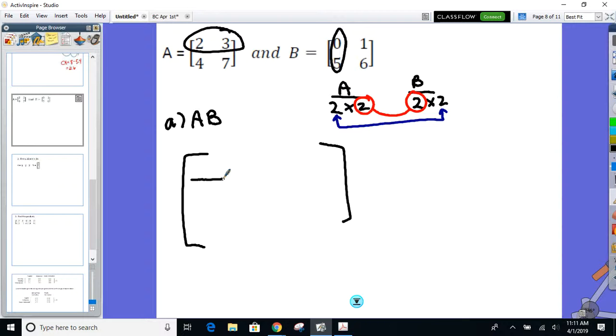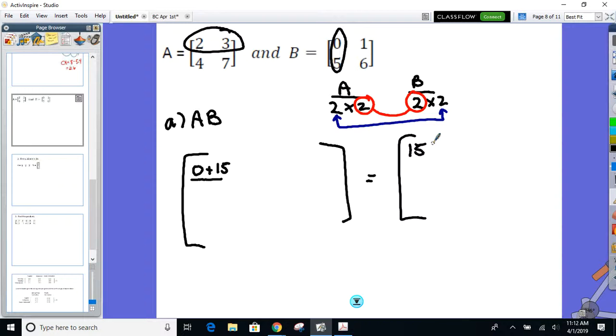You multiply the corresponding numbers. So 2 times 0 is 0. And 3 times 5 is 15. And you add those. That gets you that single number. So that's 15, the number that goes in row 1, column 1.